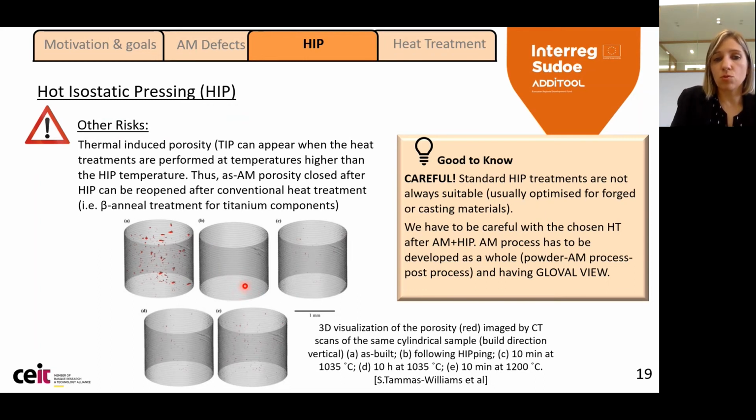However, if we have to tune the microstructure afterwards with heat treatments, that in titanium alloys is very common, as we will see later, there is a problem, and is that if we introduce a heat treatment with a temperature higher than the one that we had in HIP, we are going to reopen this porosity again. And this is known as TIPS, or thermal induced porosity.